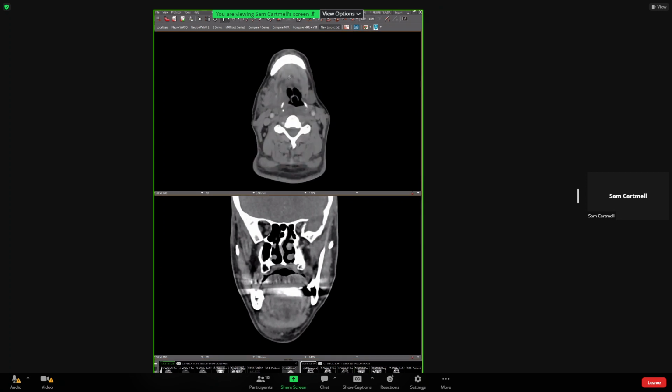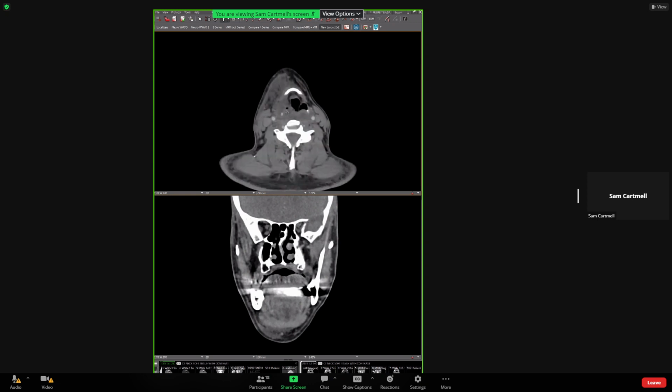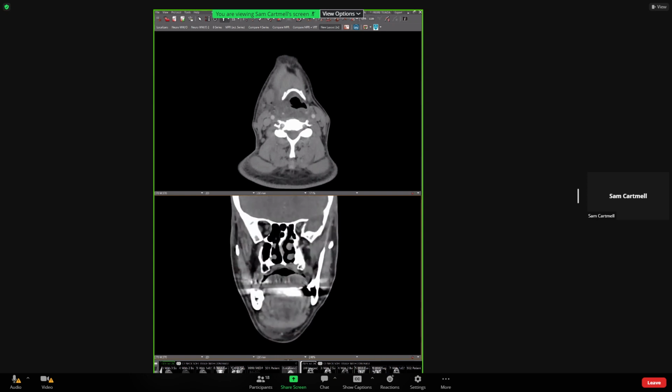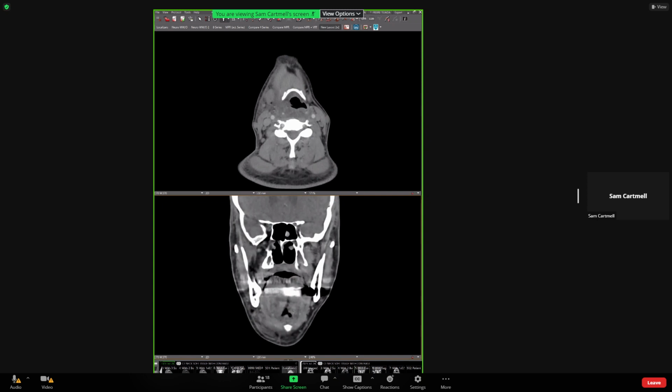So here we have not just the submandibular space, which is definitely involved, but there's also edema within the pharyngeal mucosa. There's much more mass effect on the airway, right? It's almost displaced laterally. I don't know, maybe there's some involvement of the sublingual space. It's difficult to say.